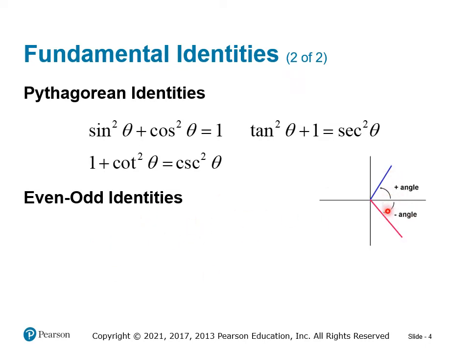So notice if these were the same, functions that are x value functions, for example, cosine, the cosine of an angle is equal to the cosine of the negative angle, because notice cosine is the x value, which doesn't change here. And even if it was in the second and third quadrant, again, the x would not change.